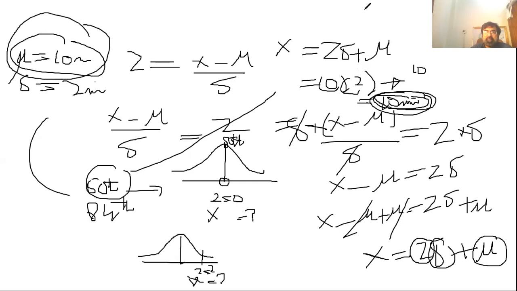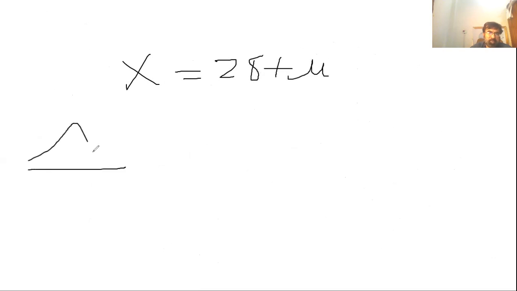And for the 84th percentile, the 84th percentile is over here. If you imagine and draw an imaginary line, that becomes the position for the 84th percentile.